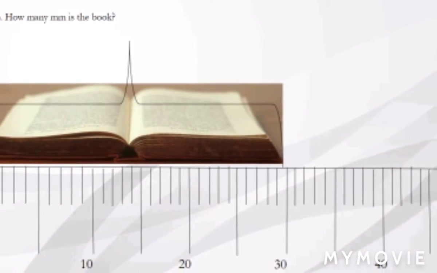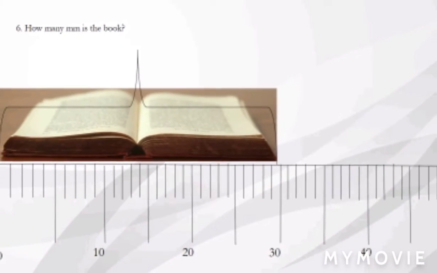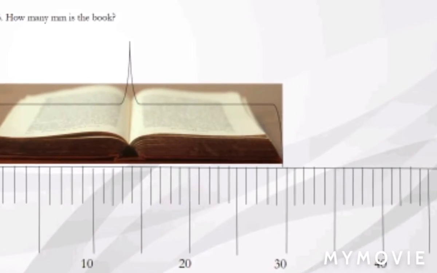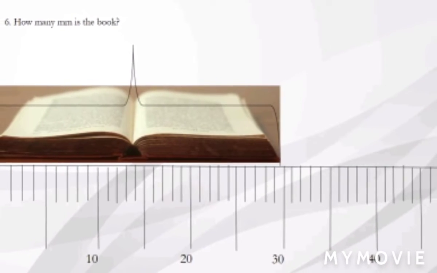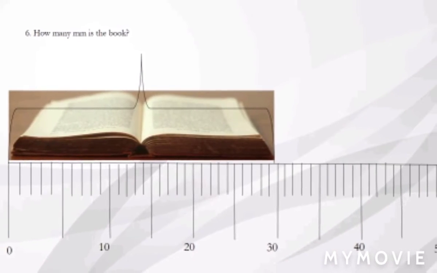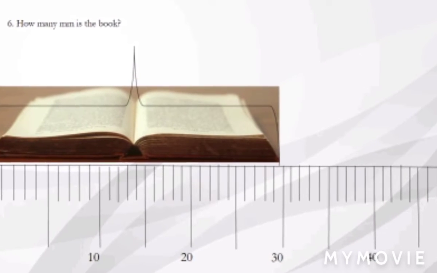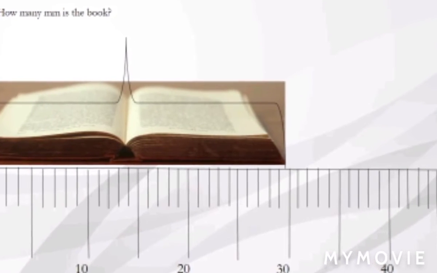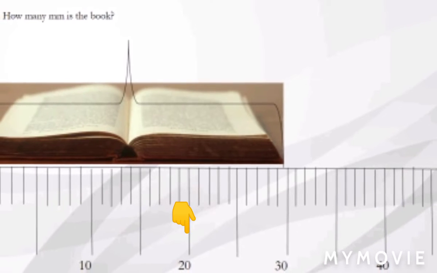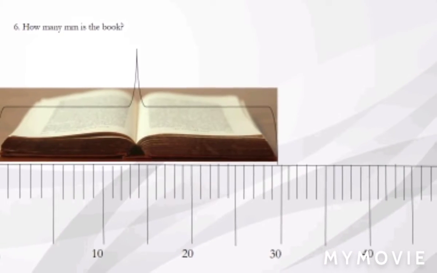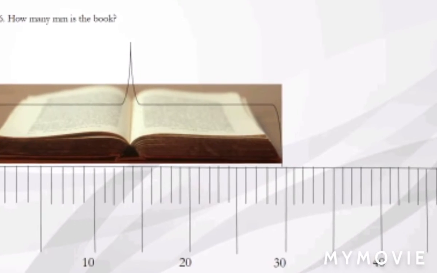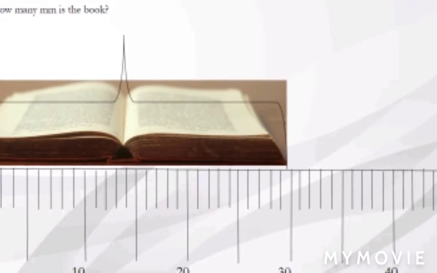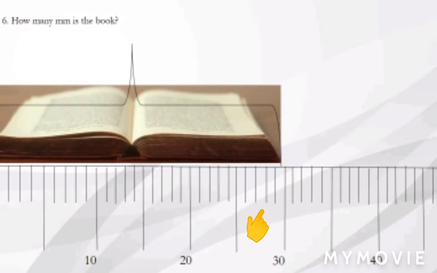Number 6. How many millimeters is the book? I'll give you 1 minute to answer. Time's up. So, we're going to add all the 10. So, 10, 20, and as you notice, it didn't fall on 30. So we're going to count all the small lines.